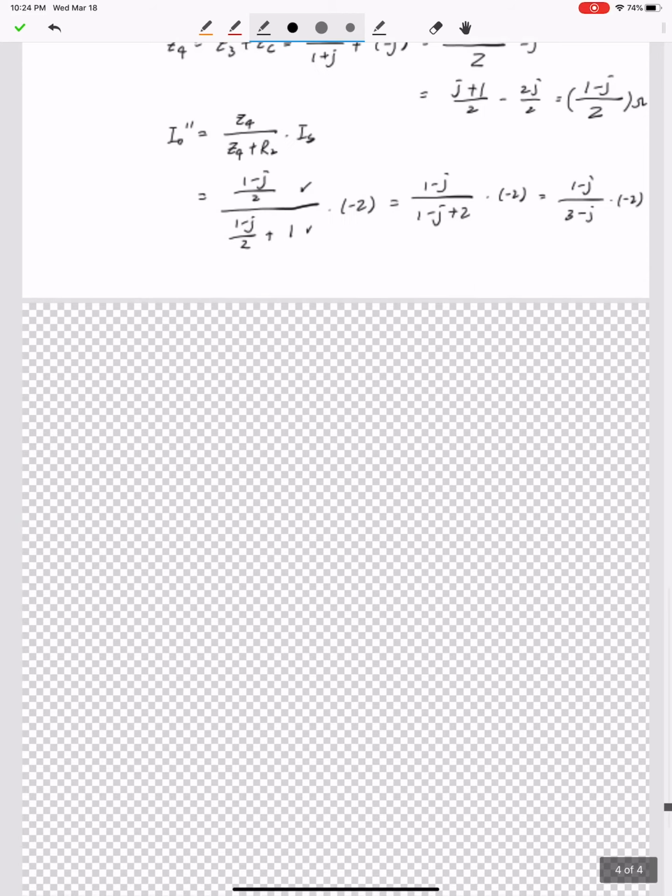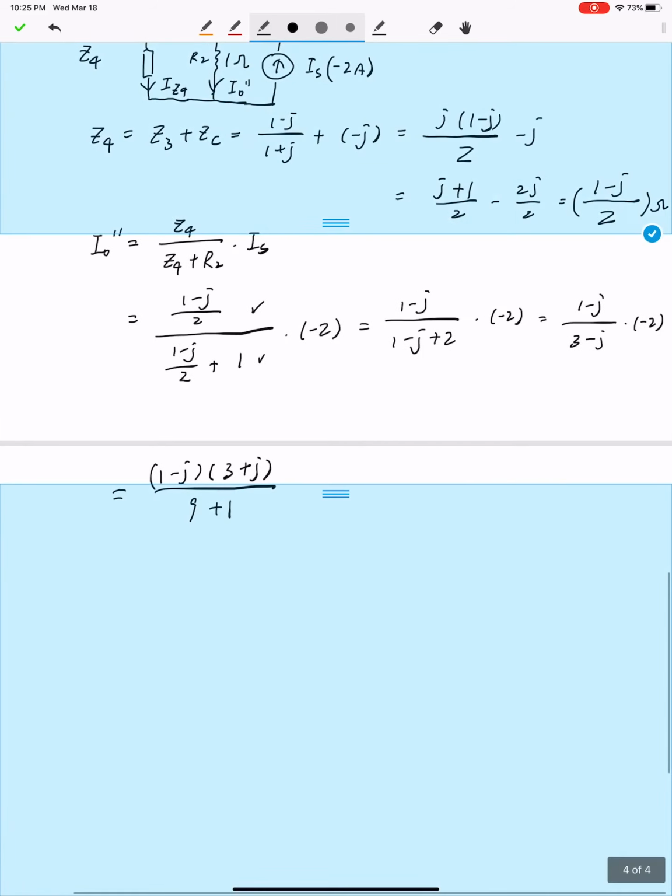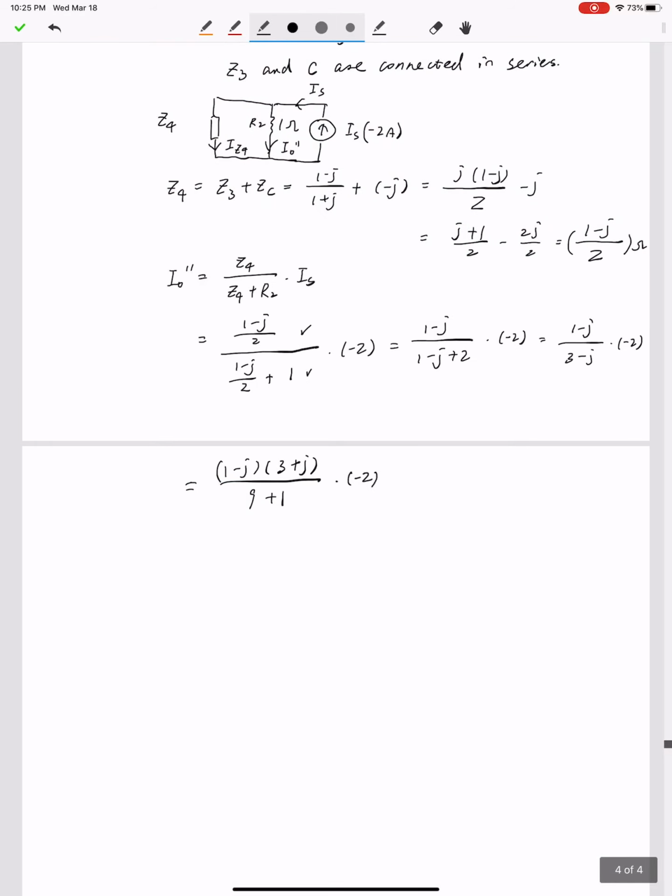At this step, let's continue. We can multiply the complex conjugate on both sides. The bottom part becomes 9 plus 1, and the top is 3 plus j minus 3j minus j squared.